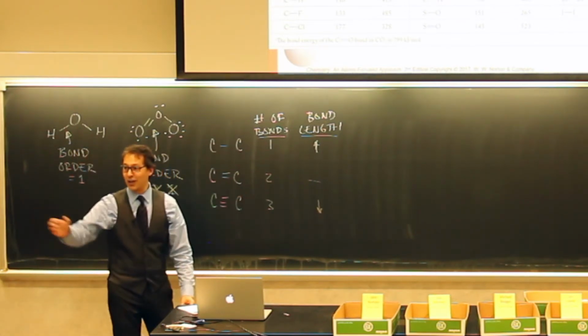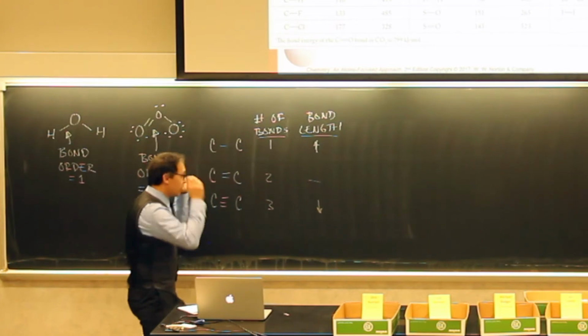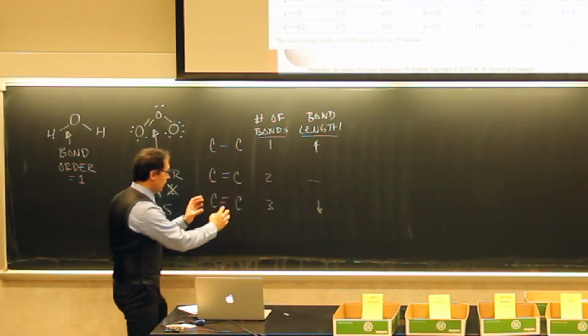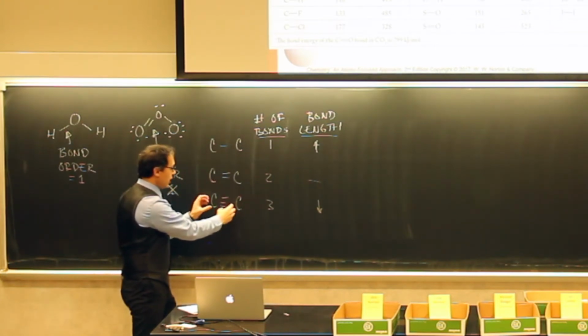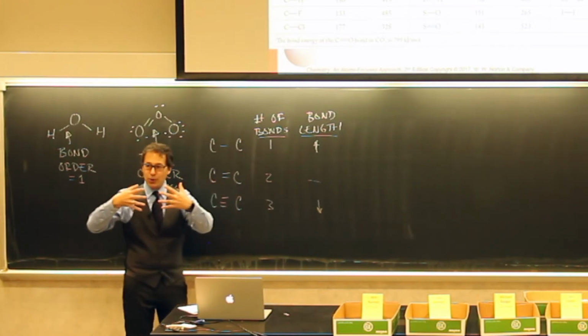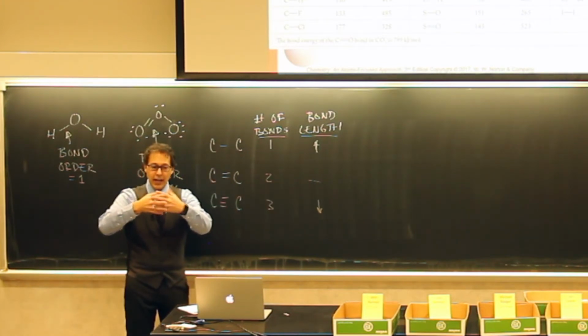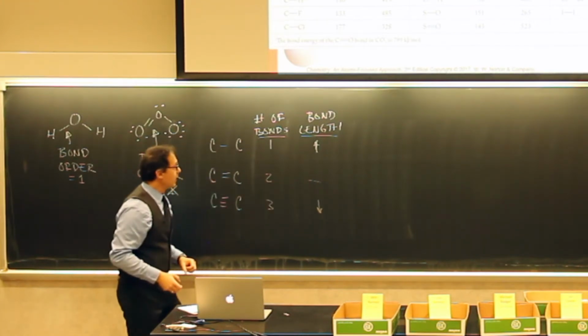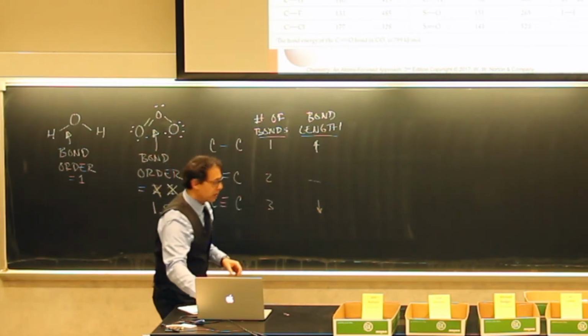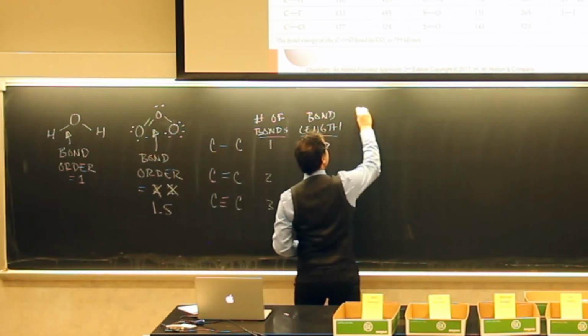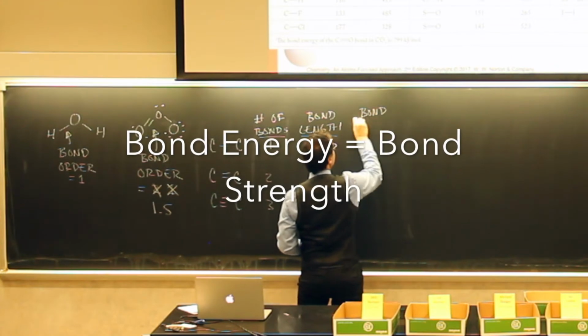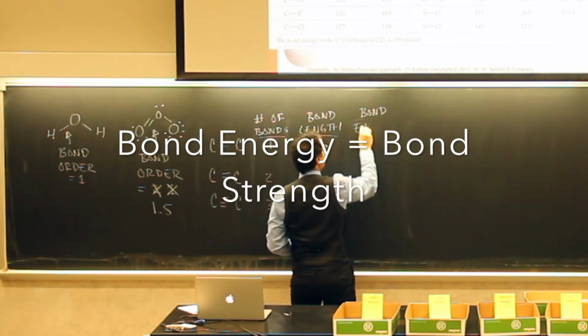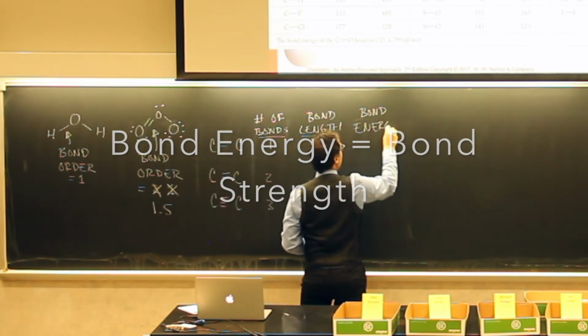Okay, thank you, Carter. The way I visualize this is like rubber bands. If you have 3 rubber bands, it's going to pull them closer together and be harder to pull them apart. So I'm going to put here bond energy.